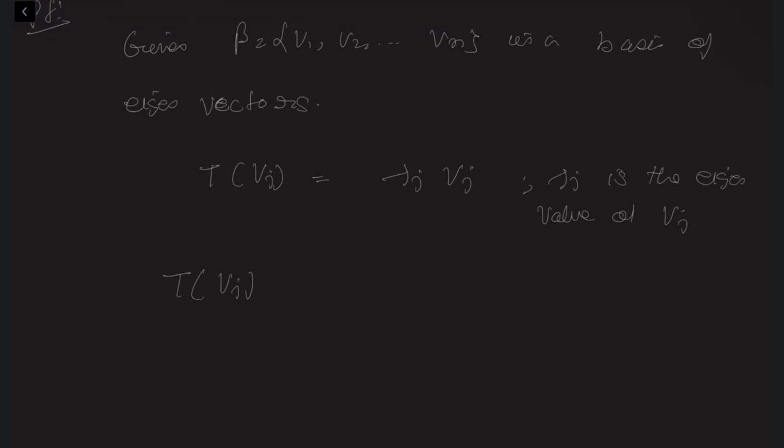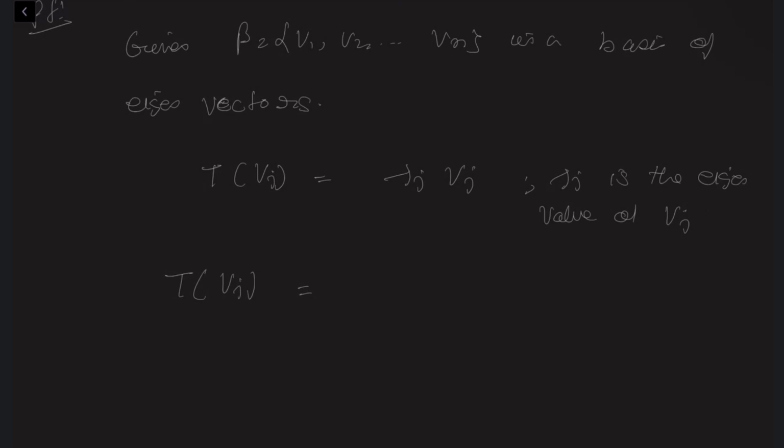To form the matrix of a linear transformation, we used to take the basis elements and find T of each basis element, that is T of v1, T of v2, and here T of vj, and whatever we got we used to write in column form. If we do it here, all the elements would be 0 except the jth row, where we get lambda j.